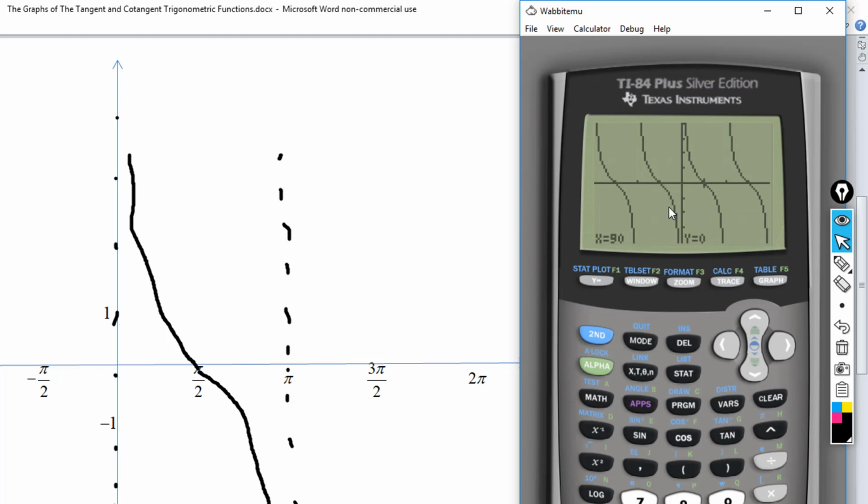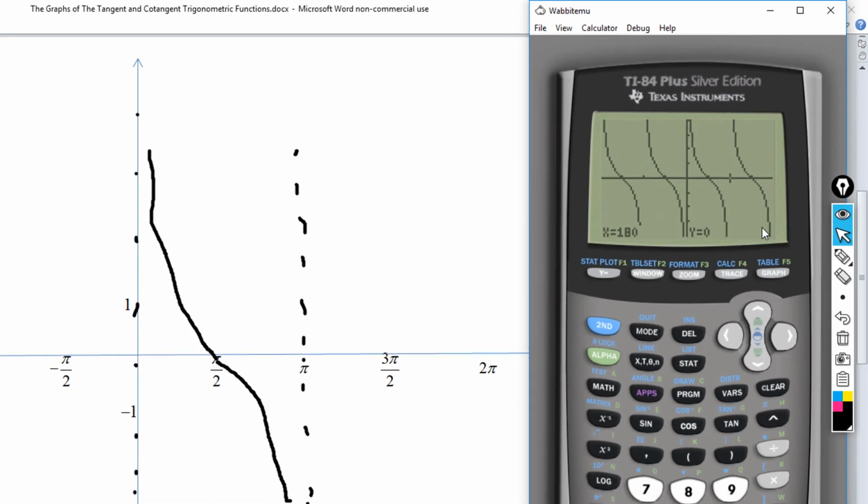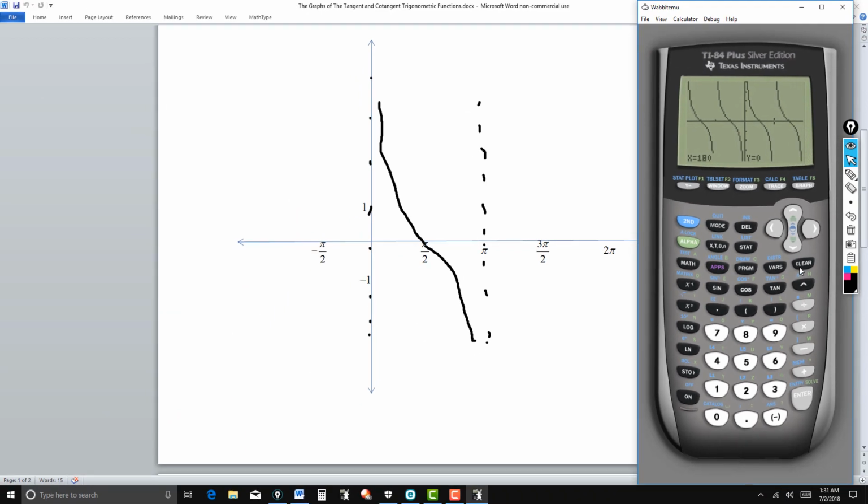If you're looking at it in radians, pi over 2 and 0. And if I keep going, at 180, or pi, I have a vertical asymptote. And that's what the graph looks like.